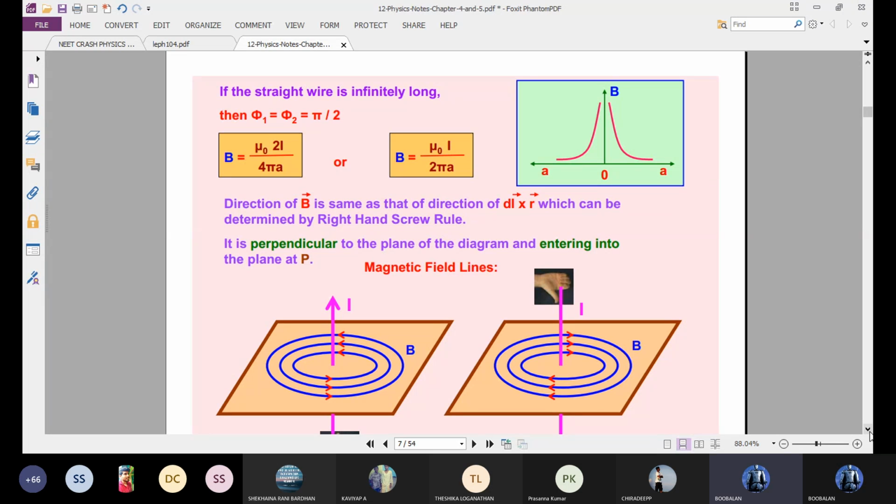So sin pi 1 value is 1, sin pi 2 value is also 1. 1 plus 1 is 2, divided by 4 pi. Then B equal to mu naught I divided by 2 pi A.